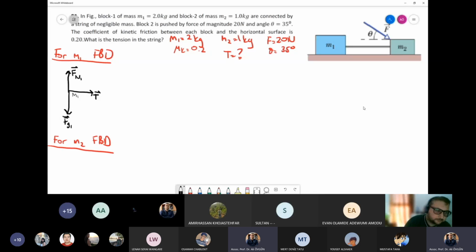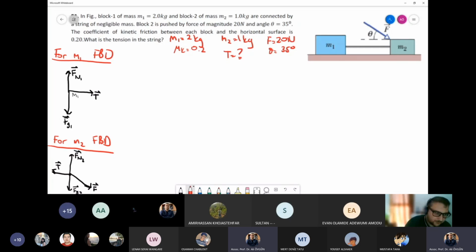For M2, there is a F normal 2, there is Fg2, there is tension on the rope, and also there's the external force F. Okay, and this external force has some components.